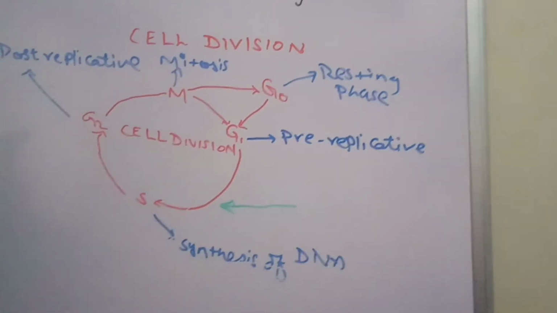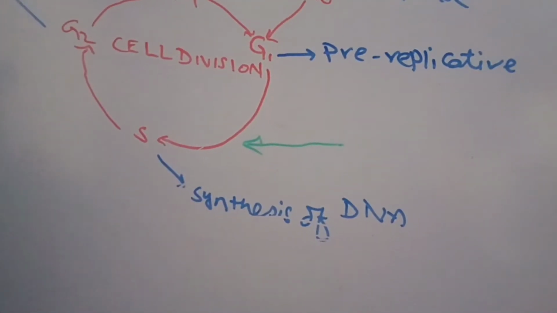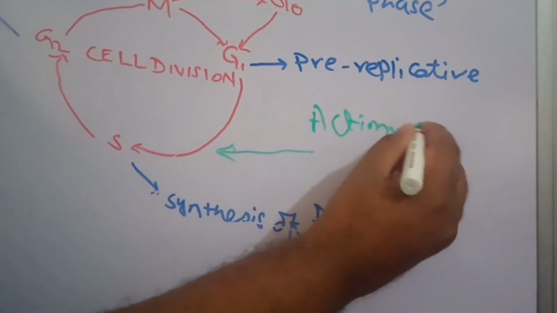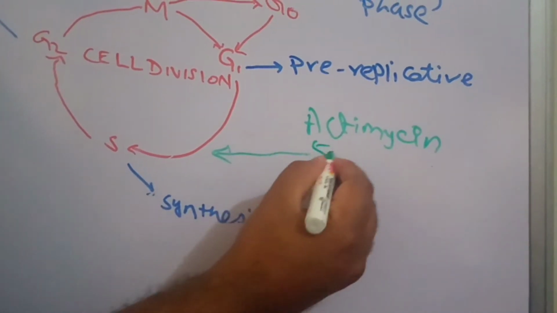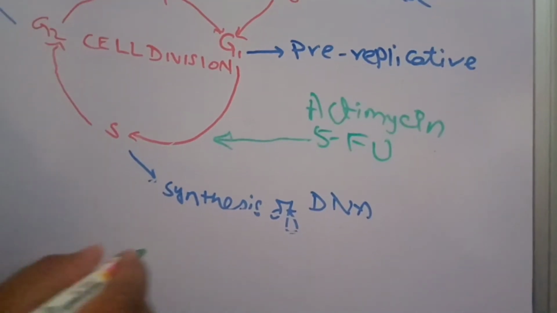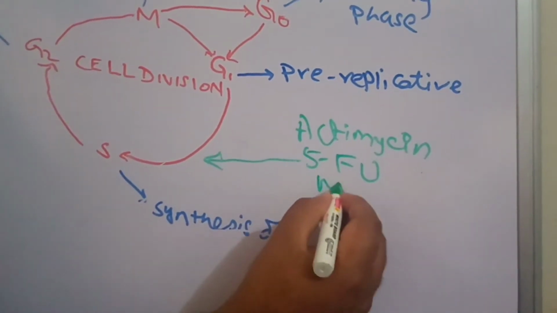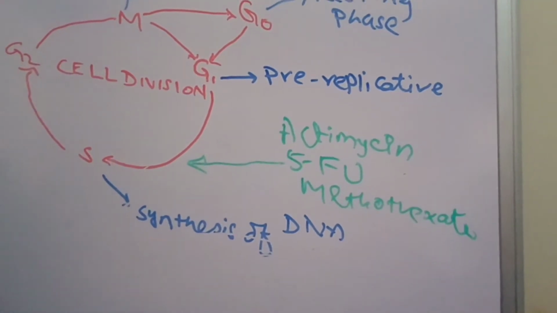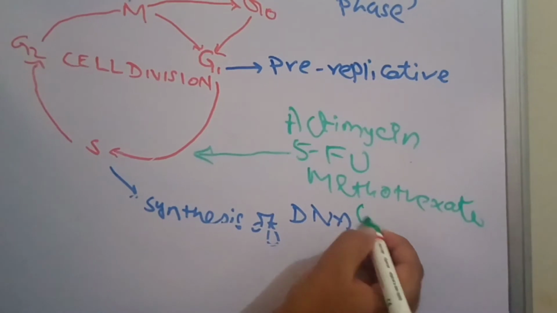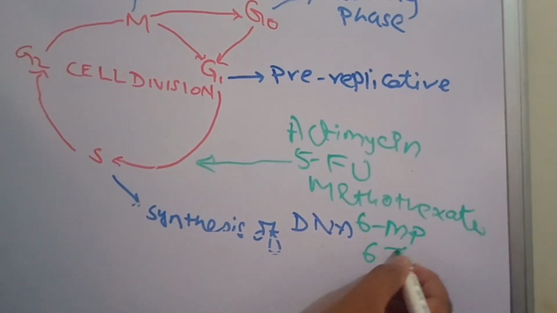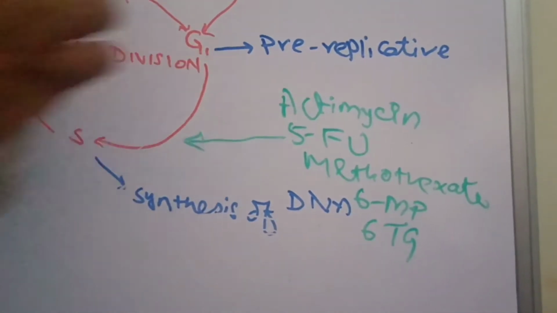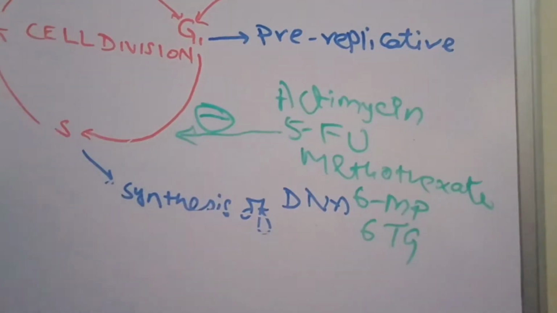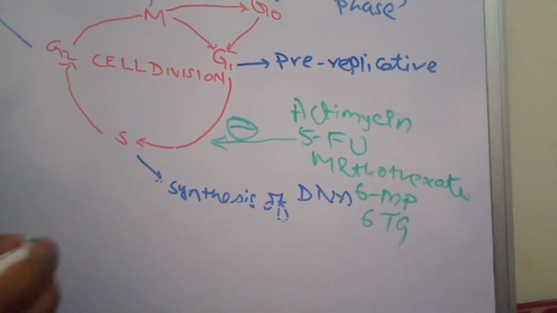During the G1 and S phases, different drugs are involved, like actinomycin, 5-fluorouracil, cytosine, methotrexate antimetabolites, as well as 6-mercaptopurine and 6-thioguanine. They act on the phases between G1 and S, that is, pre-replicative and synthesis. They will inhibit the synthesis of DNA.